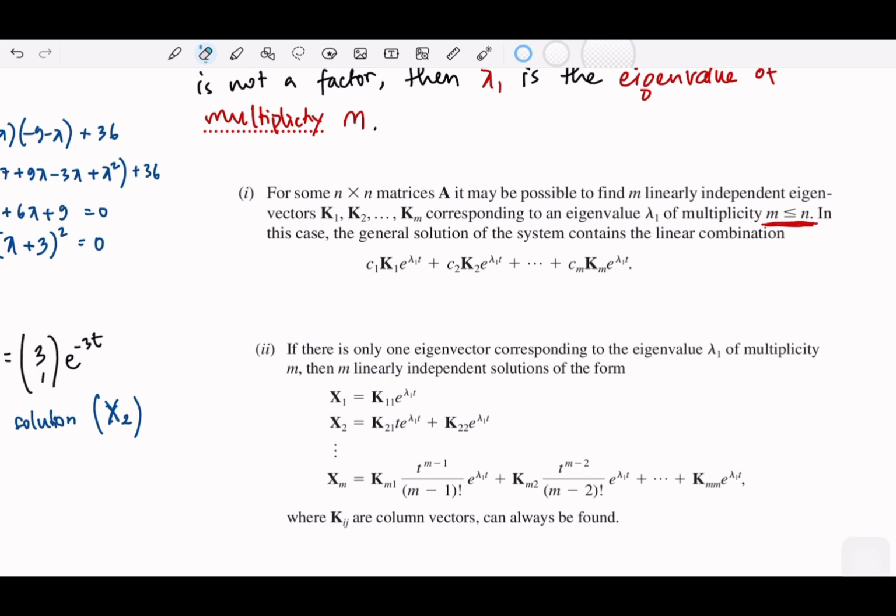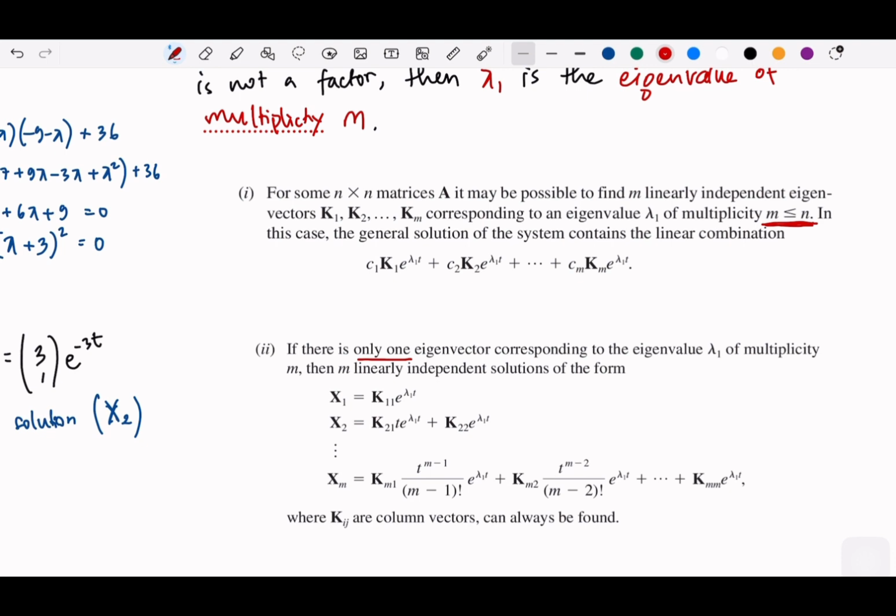So we can have multiple eigenvectors with the same eigenvalue, which we can apply in the system. That can be a possibility. But there are other cases in which there is only one eigenvector. Okay, so only one.